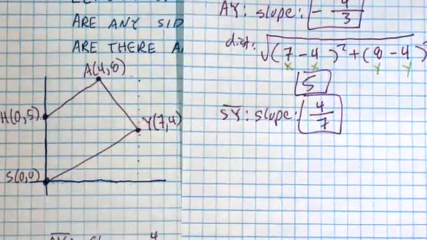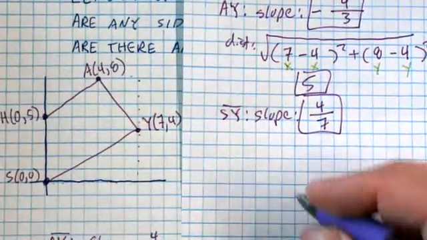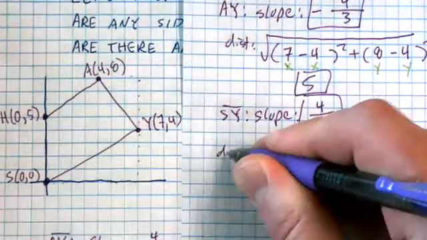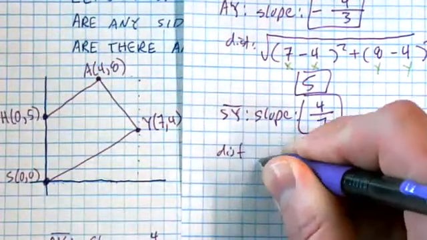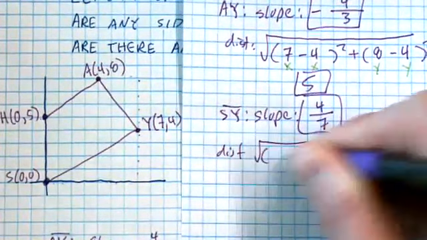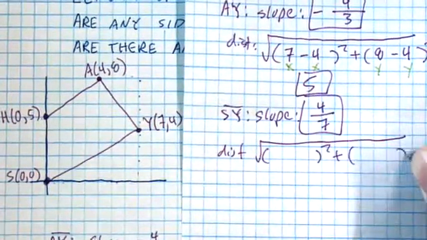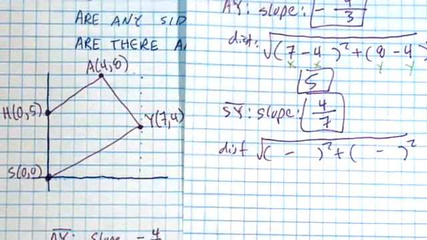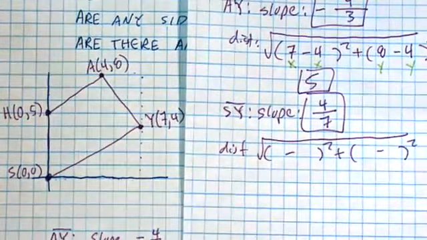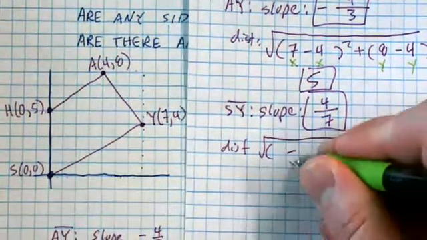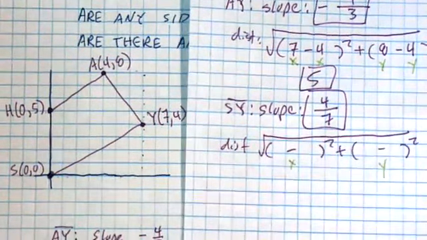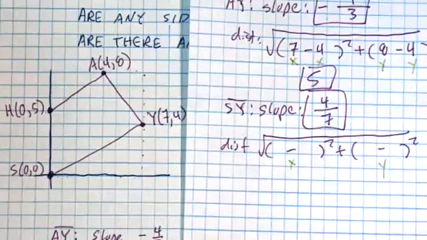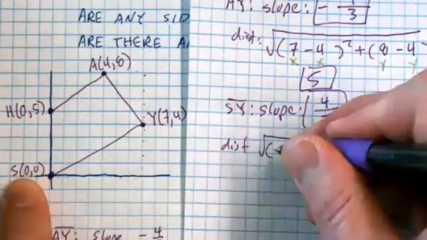Let's find our distance and see if the distance matches any of our other distances. So x coordinates go here, y coordinates go here. My x coordinates were 7 and 0.